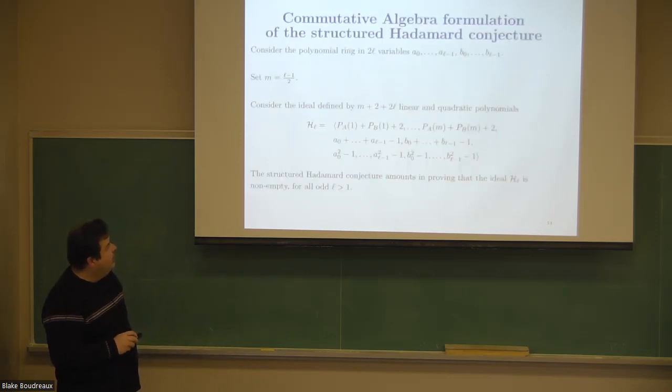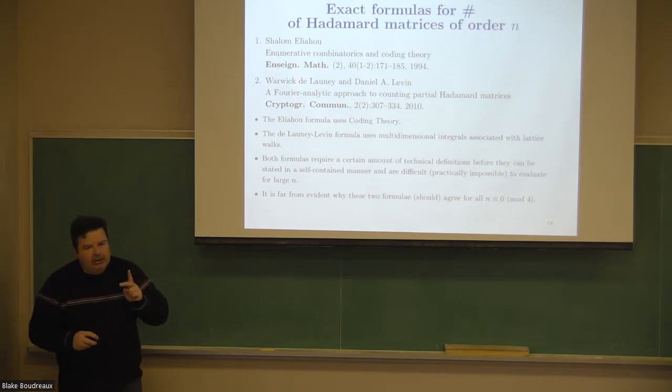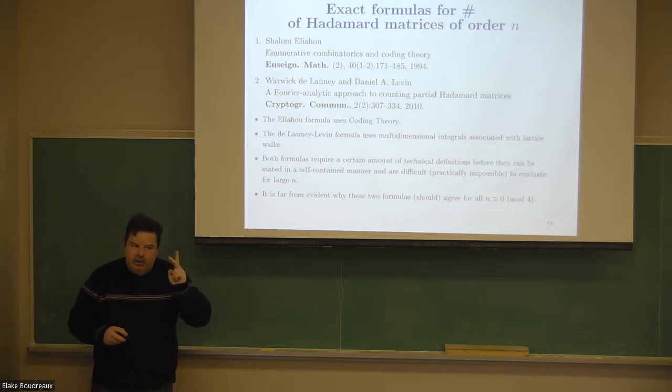So for that reason, I looked at these two papers. Believe it or not, there are two exact formulas, not one, two exact formulas that give the number of Hadamard matrices for every n which is a multiple of 4. The problem is no one knows how to prove if this number is always non-zero, right?